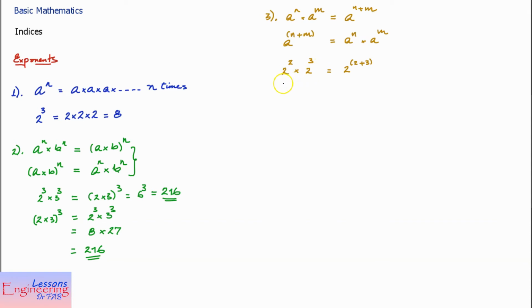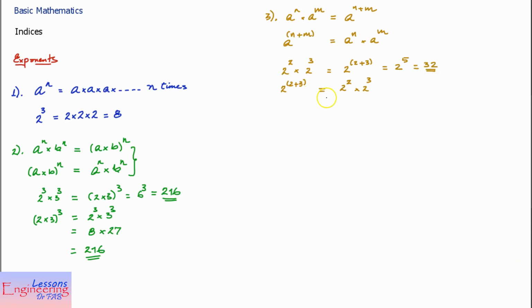Or, if you had 2 raised to 2 plus 3, you would decompose it into 2 raised to 2 times 2 raised to 3. This equals 2 raised to 5, which is 32.